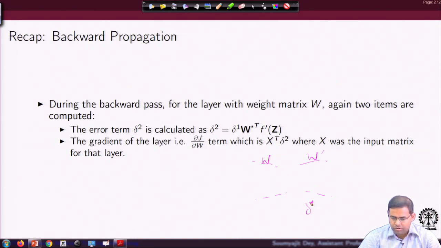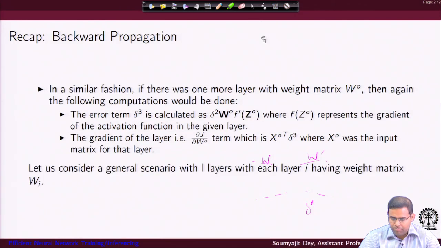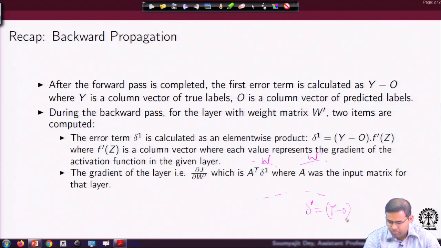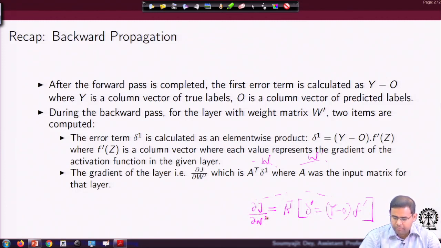If we do a pictorial description, then delta 1 was this value and f prime, and then we multiply this with A transpose, and that essentially gave me the derivative del J del W prime.